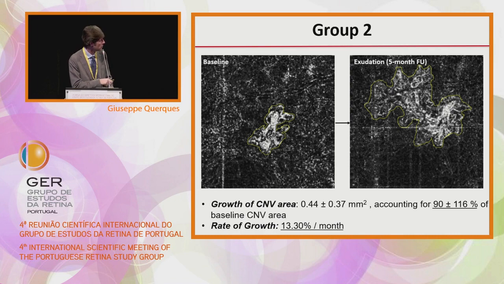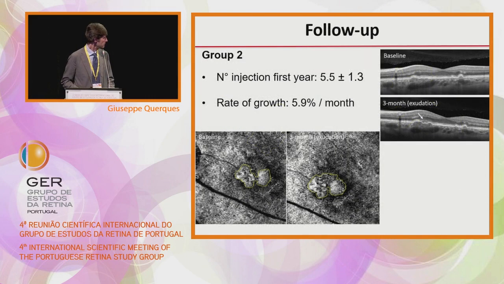Minimal exudation, but exudation was detected. When you look at the rate of growth, this is close to 20-fold more than a typical quiescent neovascularization. It's around 13% per month, a huge growth. And this is a mean evaluation.